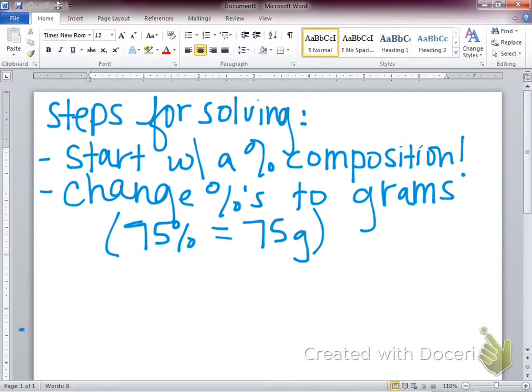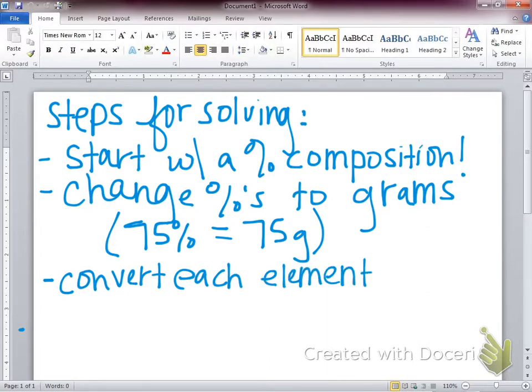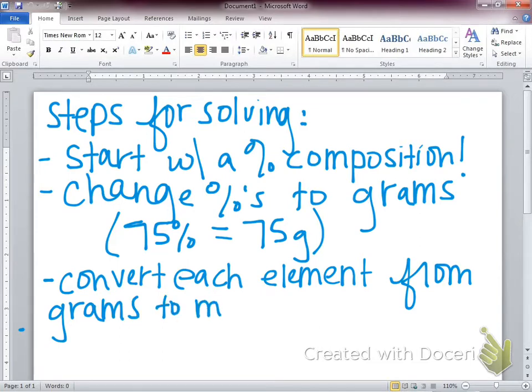Okay, our next step is to convert each element from grams to moles. Convert each element from grams to moles. Okay.